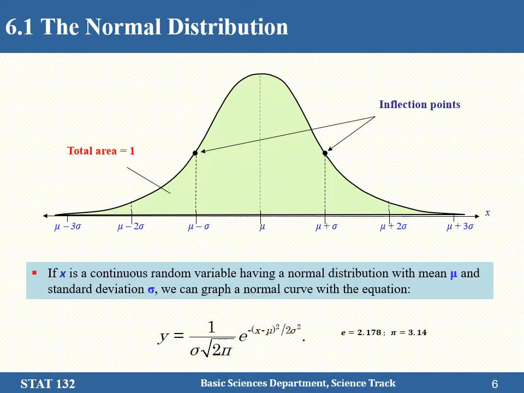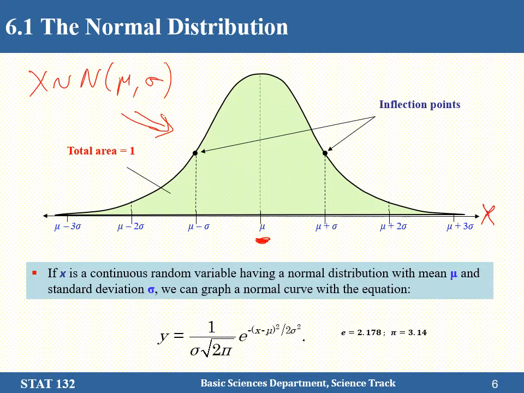Now we will look at some other details about the normal distribution. Let's assume this X has a normal distribution, and its mean is mu and its standard deviation is sigma. The normal curve of X will look exactly like this one. Let's look at these numbers here.